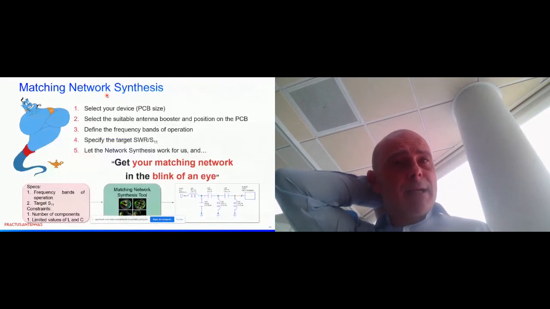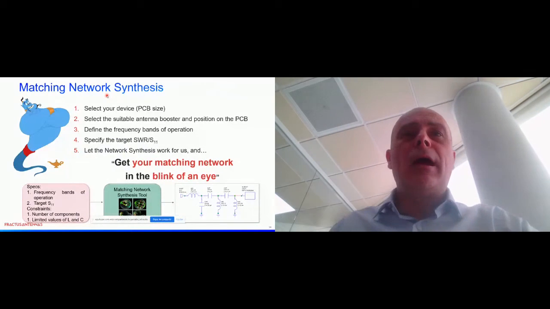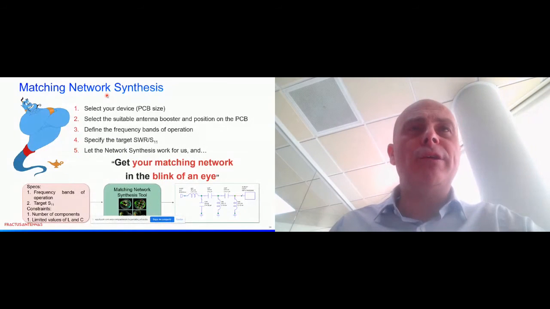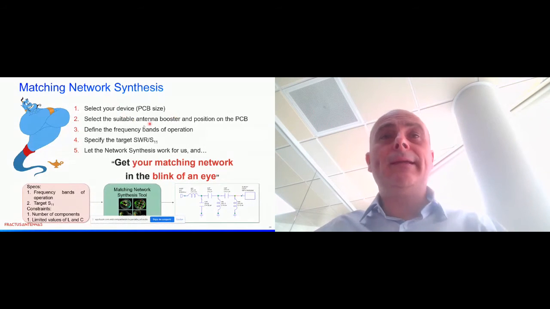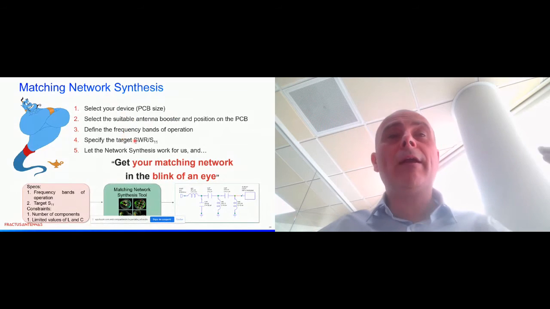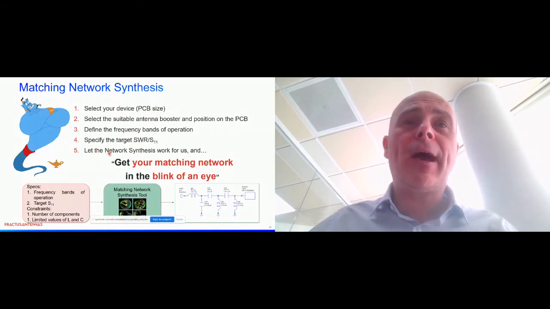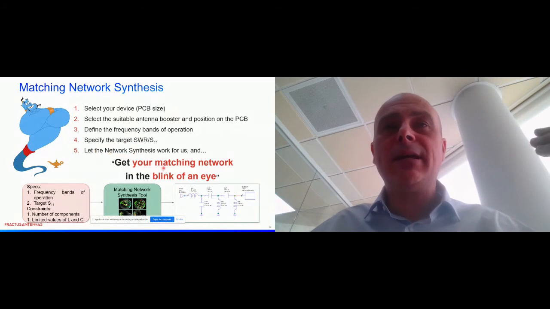Let's summarize the steps, and then we're going to illustrate step by step the LoRa design, the generic node design. We select the PCB, we select the antenna booster, then we define the frequency bands we want to operate, we specify the target, and that's all, because step 5 is telling the software to synthesize a matching network.